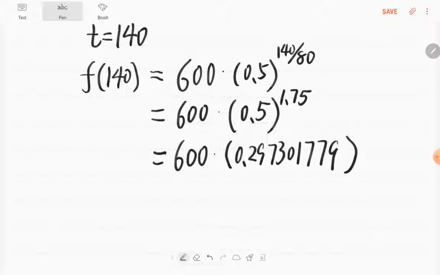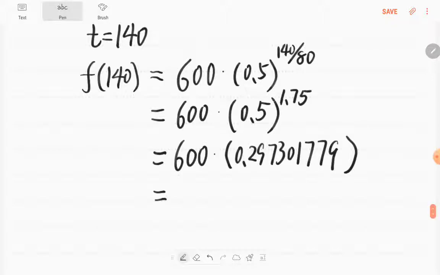This is the number I copied from the calculator, okay? So don't round to 2 decimals, or 1 decimal. You will have some errors. So just keep as many decimals as possible from your calculator.